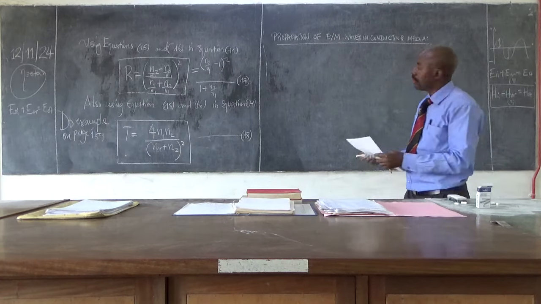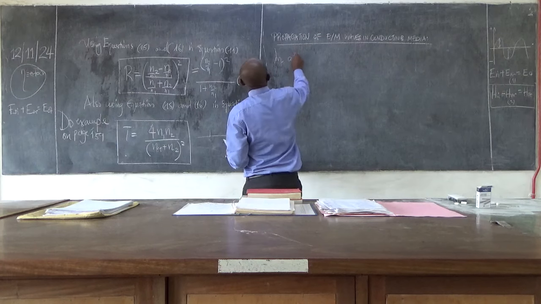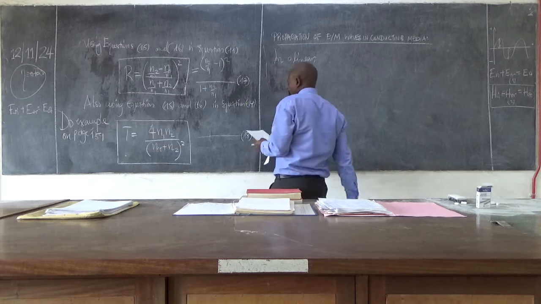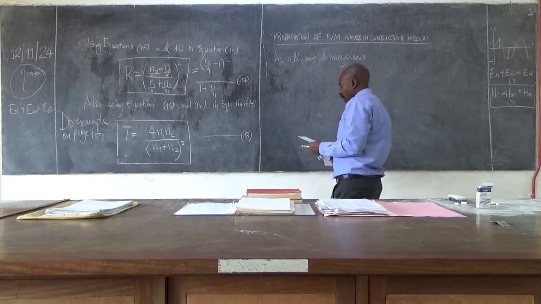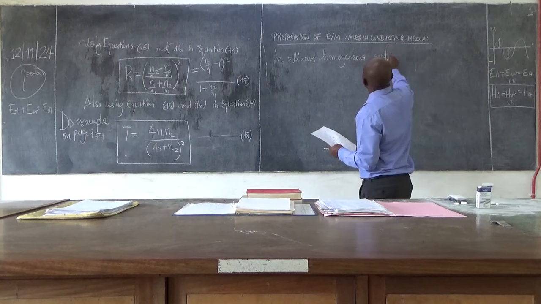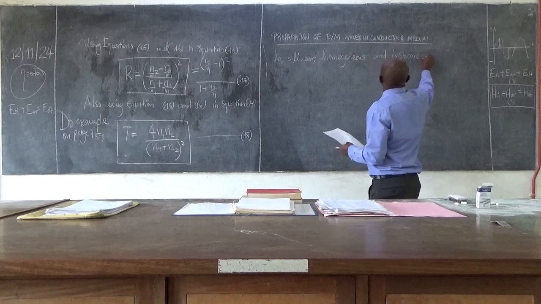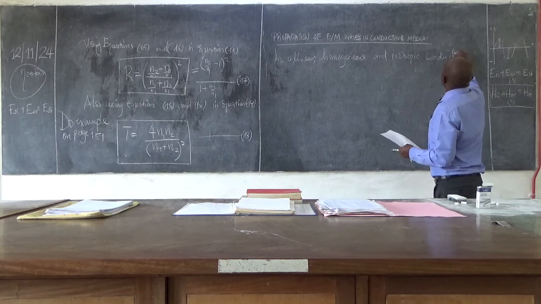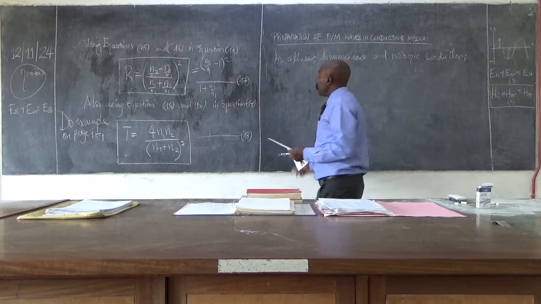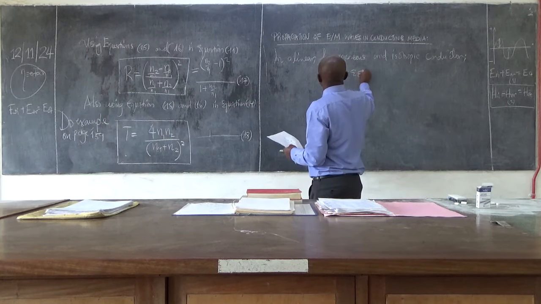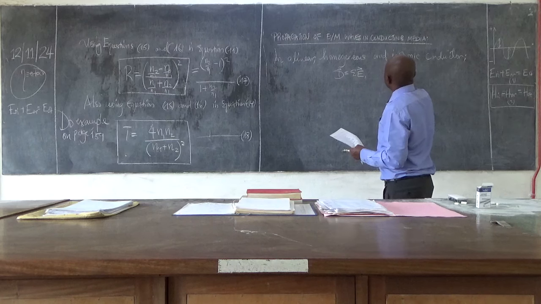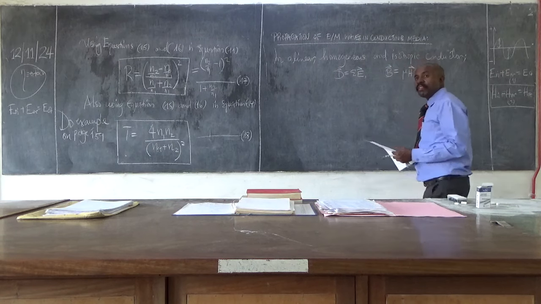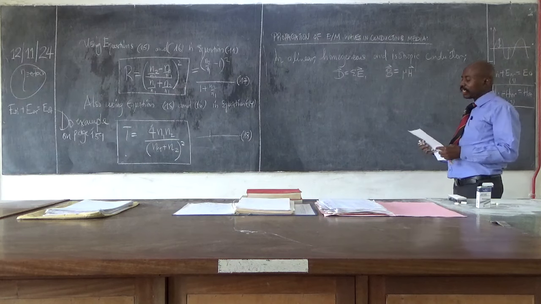So in a linear, homogeneous, which is uniform, and isotropic conductor, we know that the electric displacement vector is given by epsilon E. The magnetic flux density can be written in terms of the permeability and the magnetic field intensity.